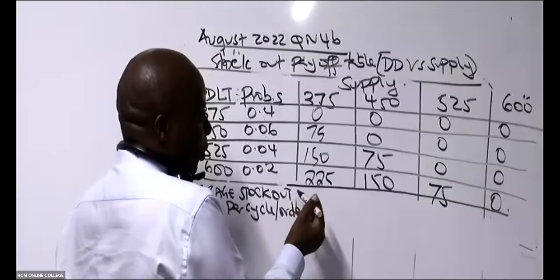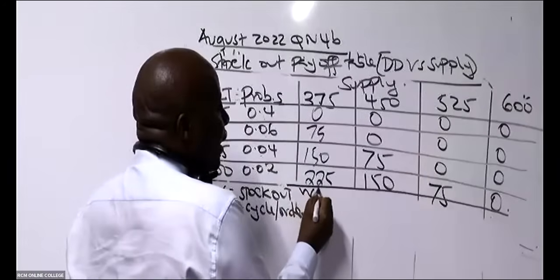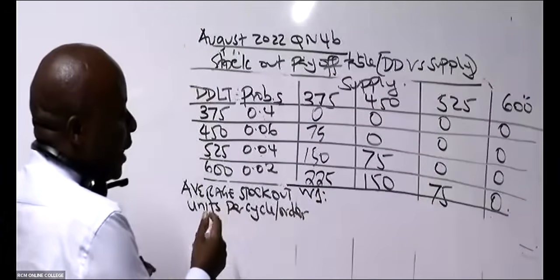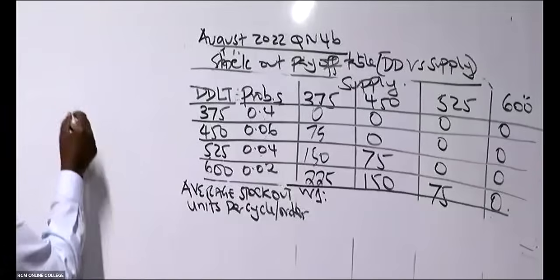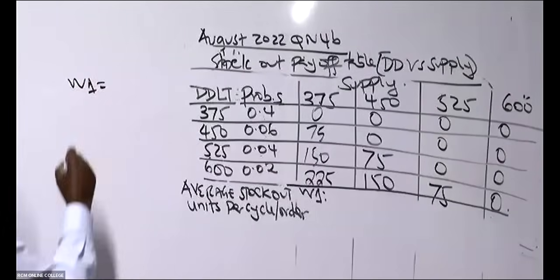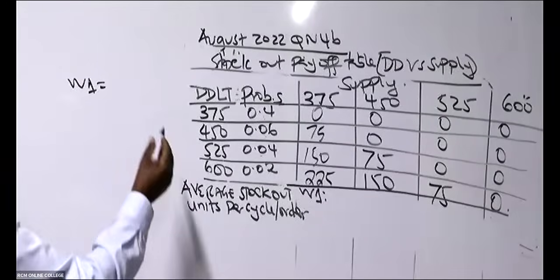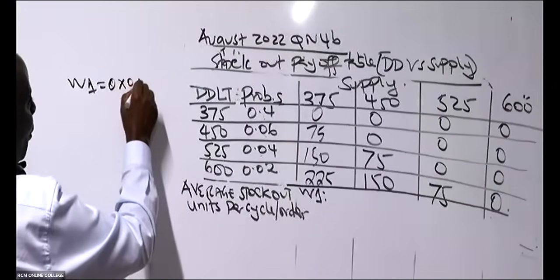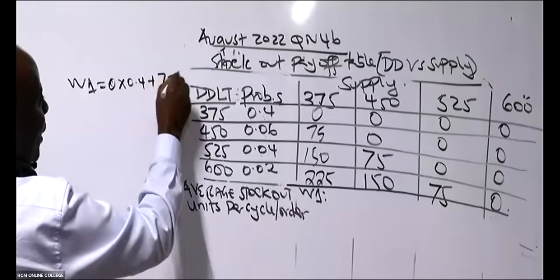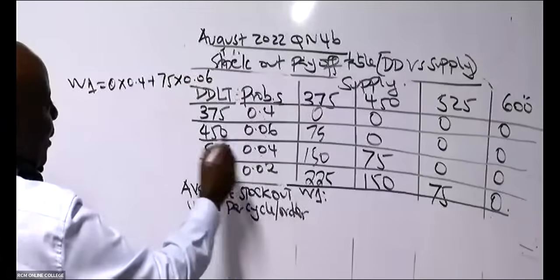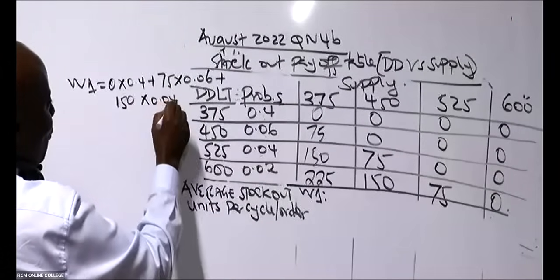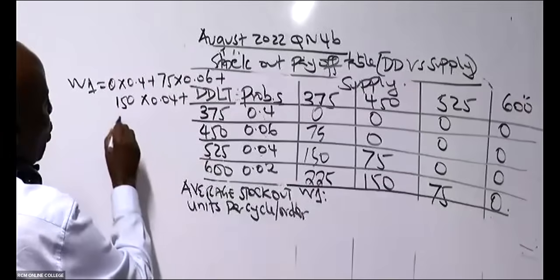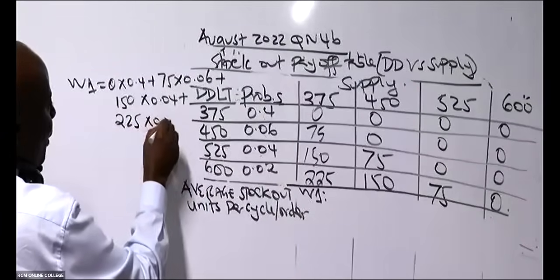So is there somebody who is able to give me this? If I were you, I would write here working one, and then go somewhere just for demonstration, because I will forget this. I can write working one somewhere there for my future reference. So working one: 0 times 0.4 plus 75 times 0.06 plus 150 times 0.04 plus 225 times 0.02.